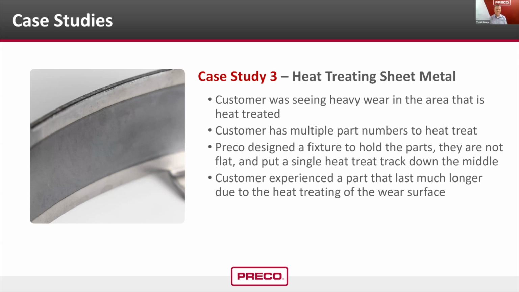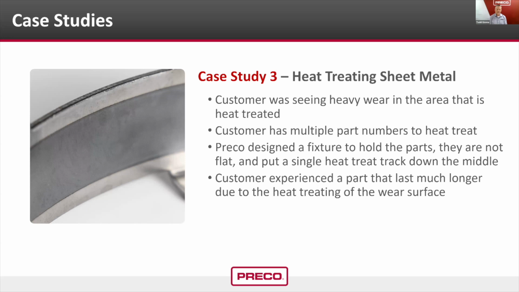We've produced in the area of over 1 million of these parts, and we see less than 1% scrap. So it's very repeatable. And again, there is no secondary operation required, which would be almost impossible for this part to smooth the surface.